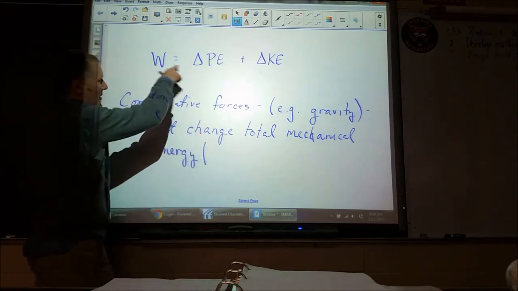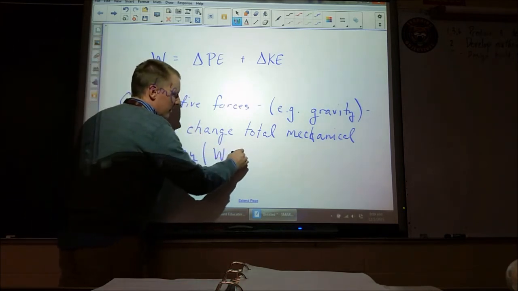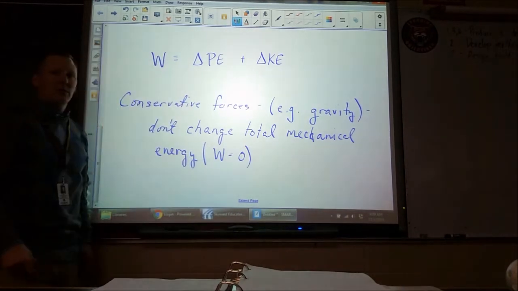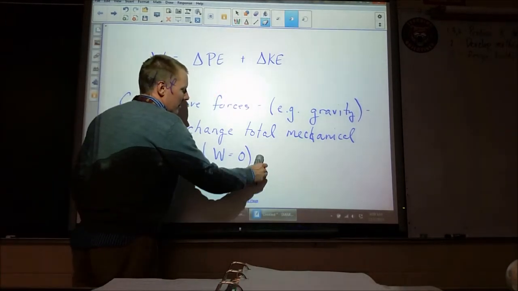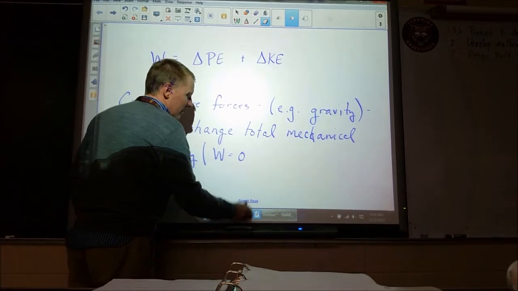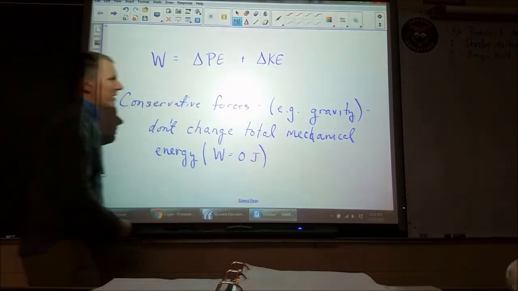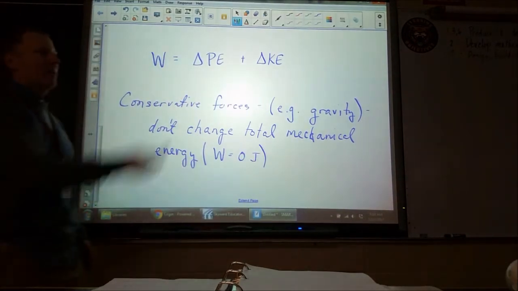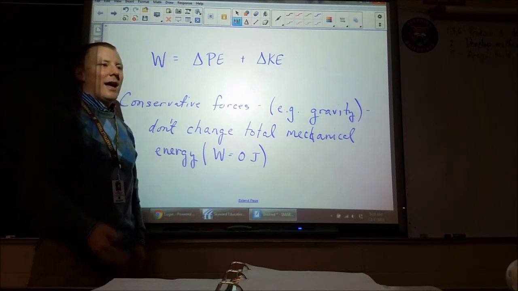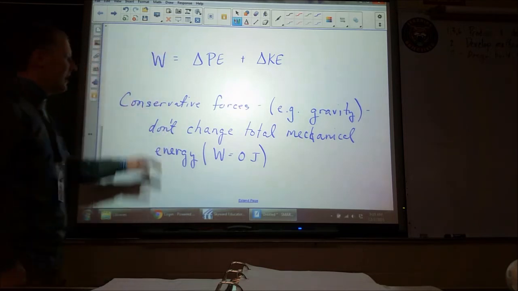So in other words, our work done on the object is zero, or 0 J. And so if we're only dealing with gravity, say, like something being thrown up into the air, as it's rising, as it's falling, that fits us really well.